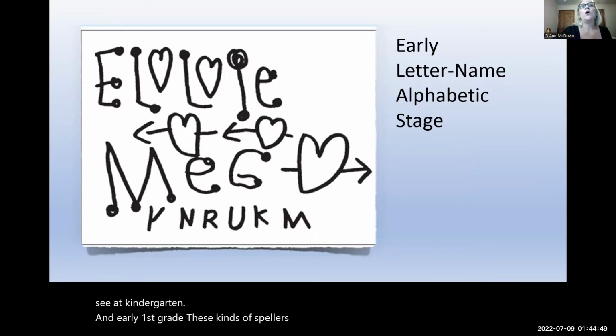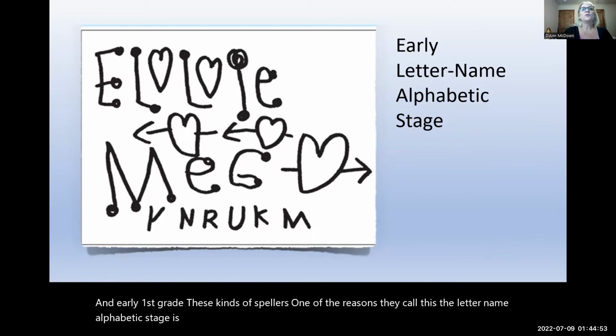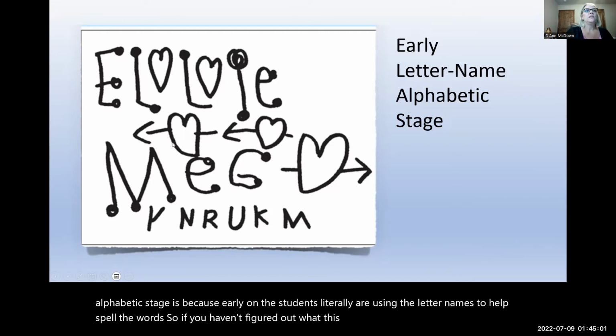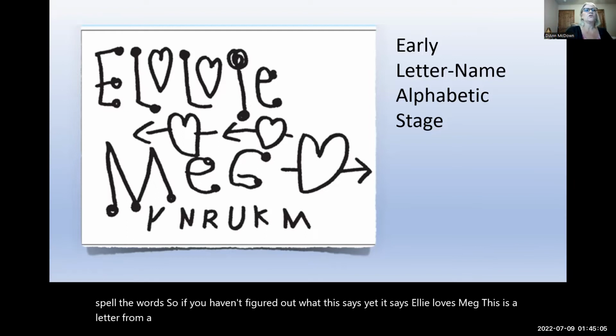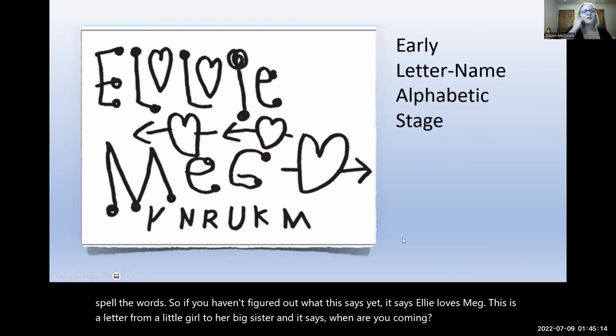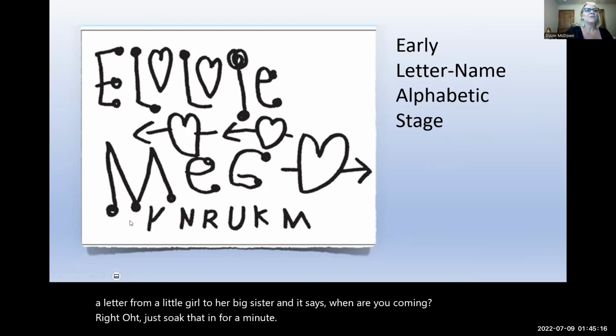One of the reasons they call this the letter name alphabetic stage is because early on, the students literally are using the letter names to help spell the words. So if you haven't figured out what this says yet, it says Ellie loves Meg. This is a letter from a little girl to her big sister. And it says, when are you coming? Right? I'll let you soak that in for a minute. Yes, that's what that says.